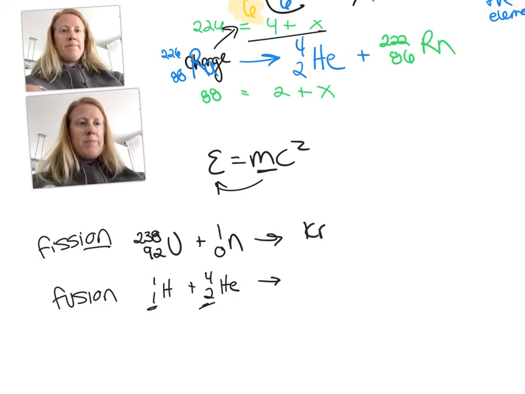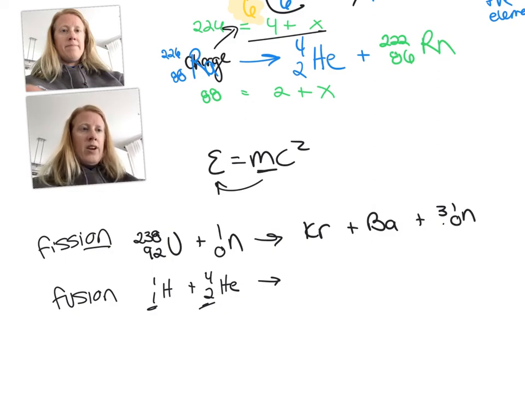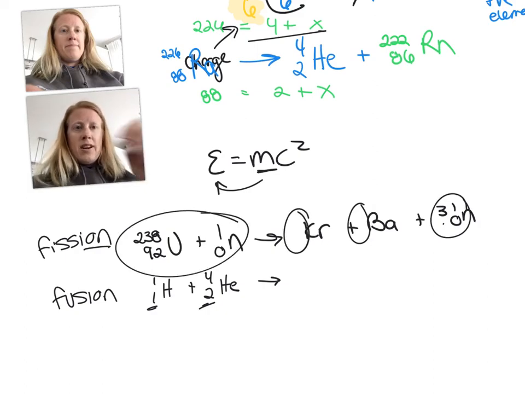I think krypton and barium are 2 common ones, and then you get 3 neutrons out of it, okay? The total here plus here plus here is going to equal here, just like we did above, okay? But what's different here is now I've got 3 neutrons, okay? So let's think about it. I've got 1 neutron. That 1 neutron produces 3.